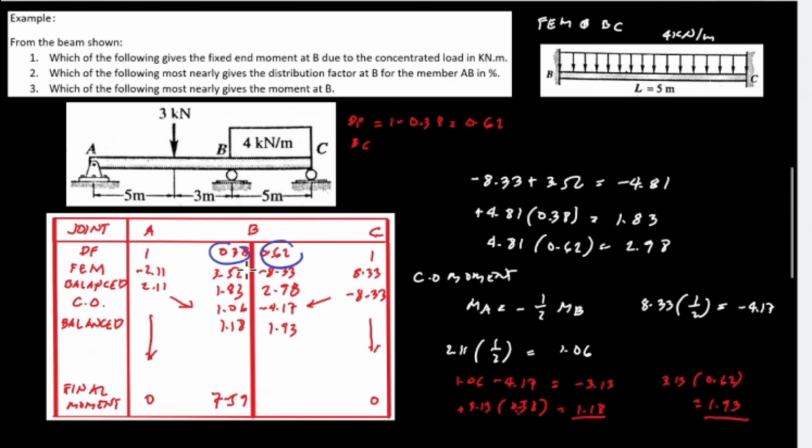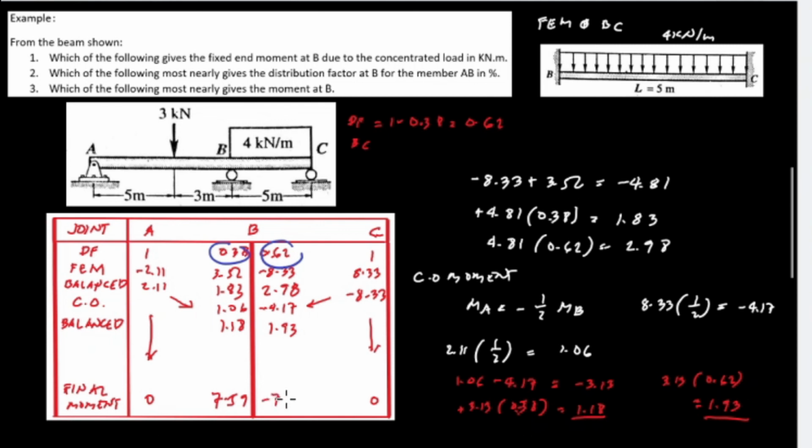We will only add all the moment values from fixed end moment, balance, carryover moment, and the other balance, and that's the total value. And it should be that the moment at BC is the same value as at BA. However, the sign should be the opposite sign. So let's check negative 8.33 plus 2.98 minus 4.17 plus 1.93.